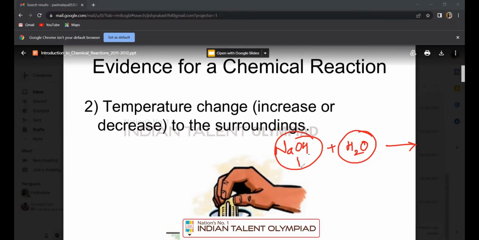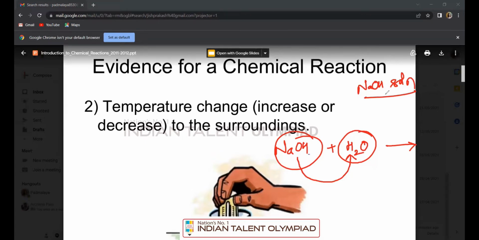During the preparation of sodium hydroxide solution, a very high amount of heat energy will be released. If you're not cooling your beaker while adding water to the sodium hydroxide, the beaker will break. That much heat energy will be released there.